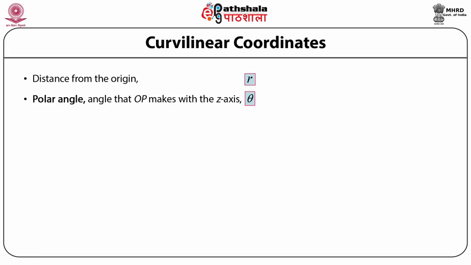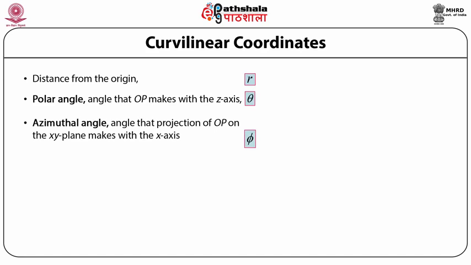So in the spherical polar coordinate system, the three coordinates, instead of x, y and z, are r, theta and phi, where r is the distance of the point P from the origin, theta is the polar angle that the line OP makes with the z-axis, and phi is the azimuthal angle which the projection of the line OP on the xy plane makes with the x-axis.